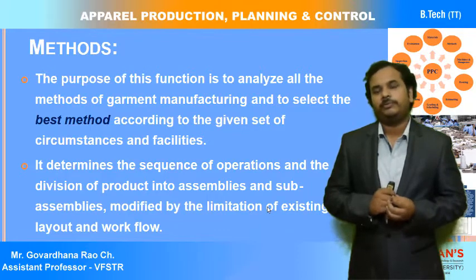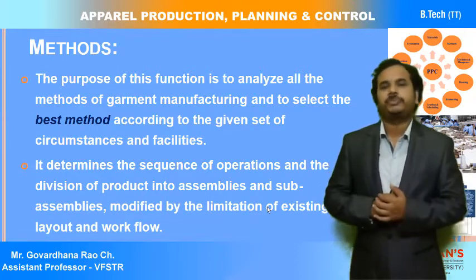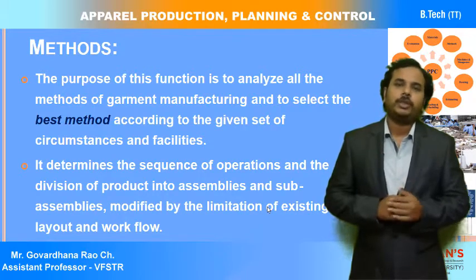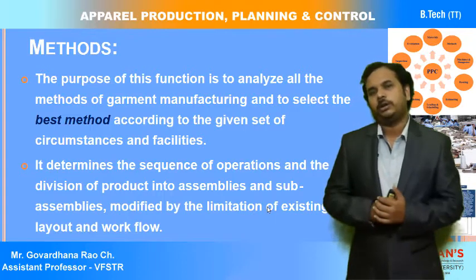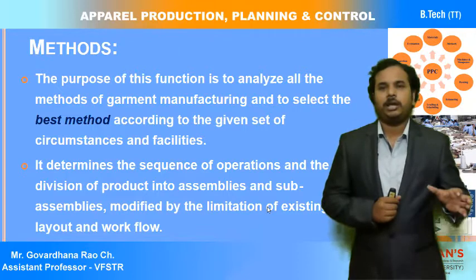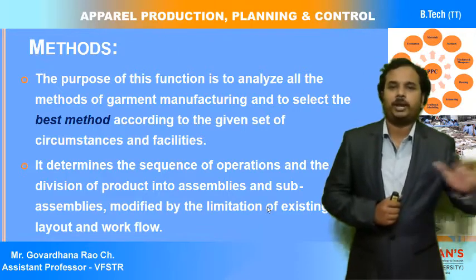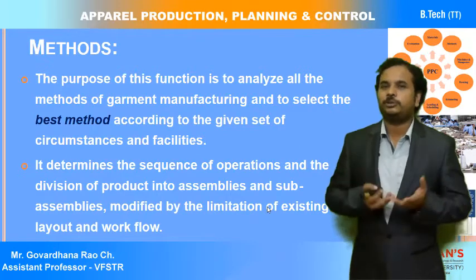For example, when producing one garment there are different operations to complete it. If you start by preparing a collar and end by preparing a cuff, then there is no use.